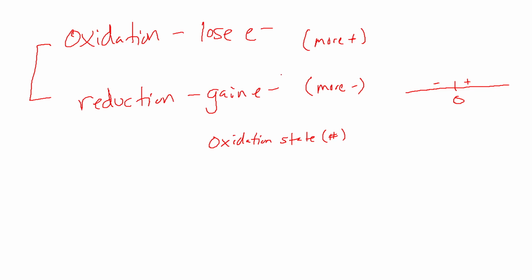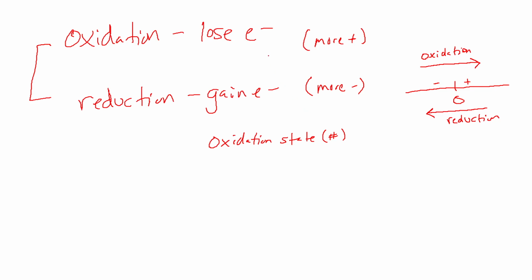If you lose electrons, you're going to become more positive, which means if you find yourself moving in this direction on the number line, as you look at the oxidation state or charge from the left-hand side of the arrow to the right-hand side of the arrow, that thing is going through oxidation. Now, if you gain electrons and are being reduced, you would be moving this way on the number line, towards the negative numbers, and that thing would be going through reduction.